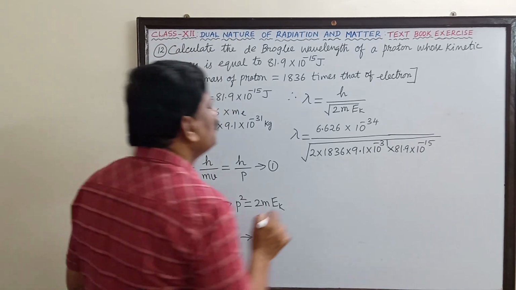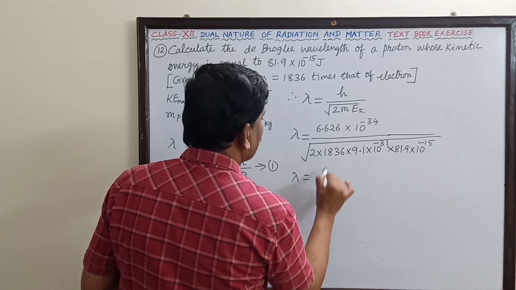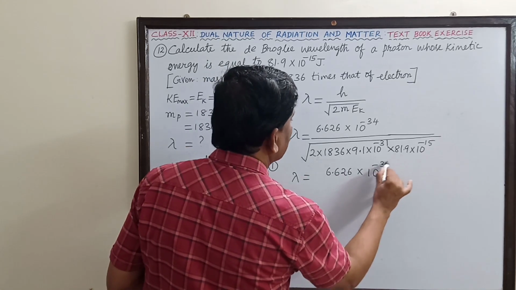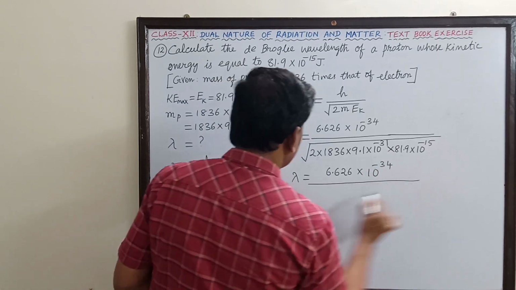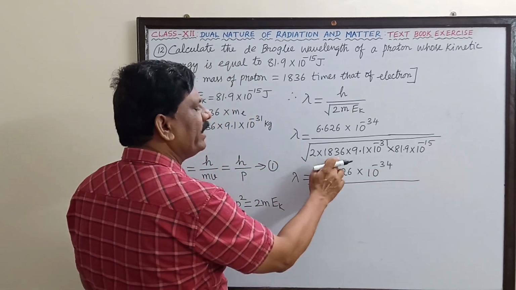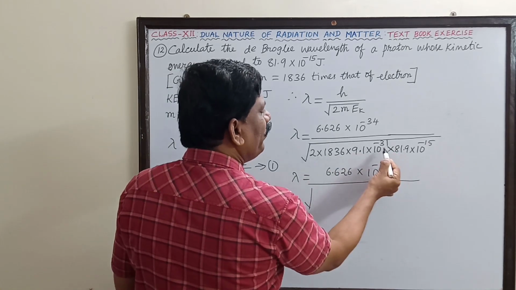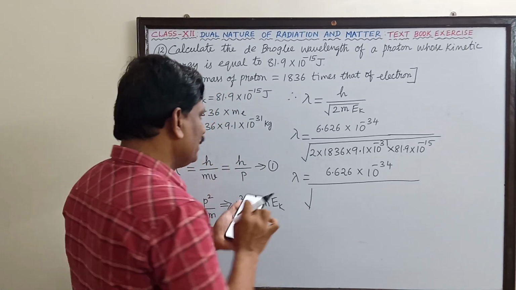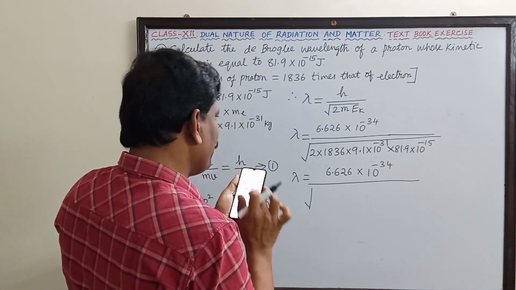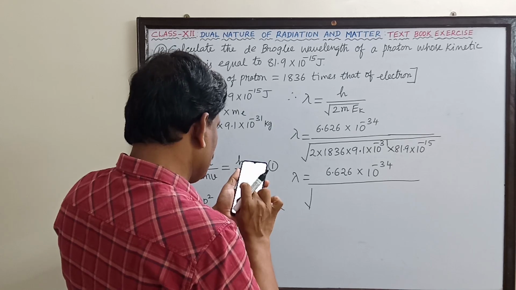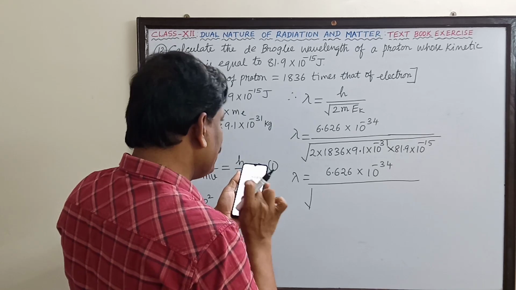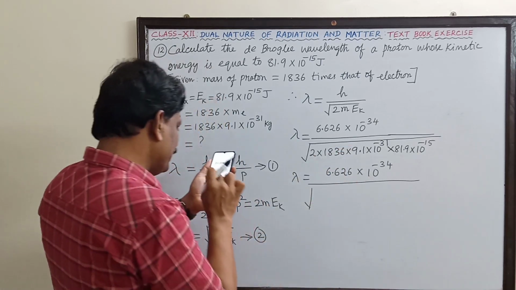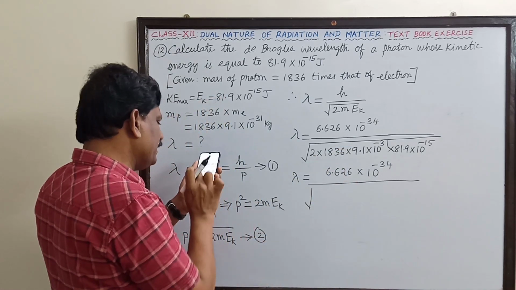So now this is equal to 6.626 into 10 power minus 34 divided by square root of, I will multiply all these numbers. Now 10 powers, I will write 31 plus 15 is 46. First 2 multiplied by 1836, multiplied by 9.1, again multiplied by 81.9.